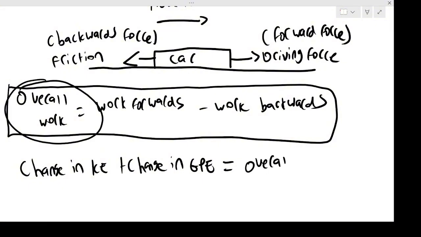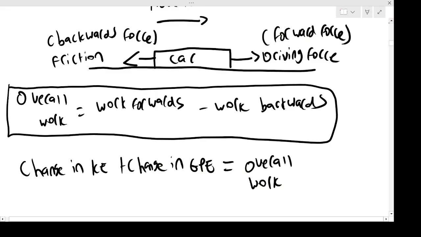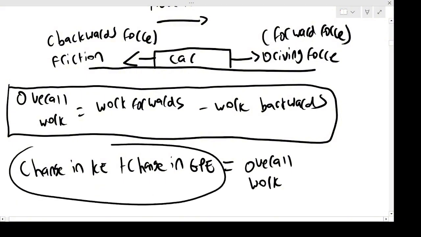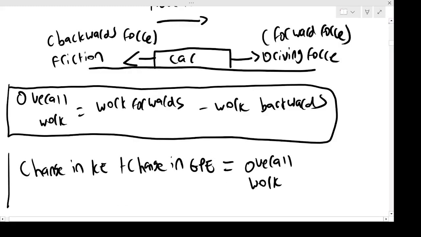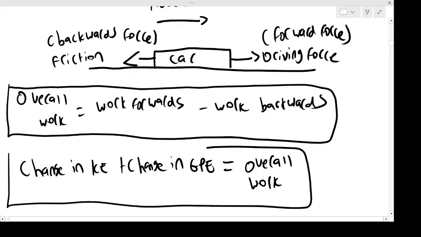So it actually equals the overall work. And this is the work energy principle, because it links energy, as you can see here: the changes in the energies has to equal the work.